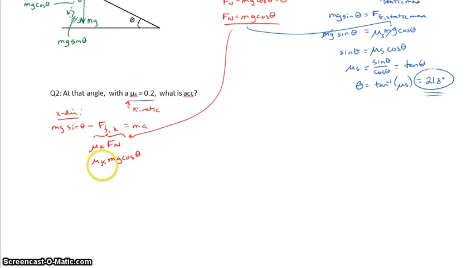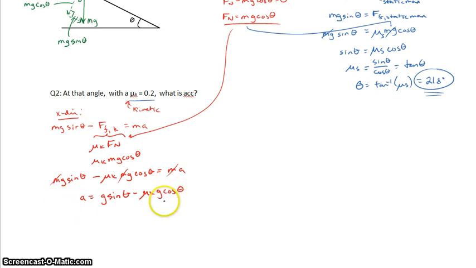I just have to use mu sub k now instead of the other. So I get mg sine of theta minus mu sub k mg cosine of theta equals ma. Masses go away. G doesn't. So my acceleration equals g sine of theta minus mu sub k g cosine of theta.